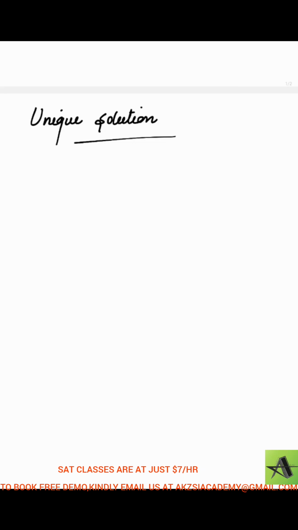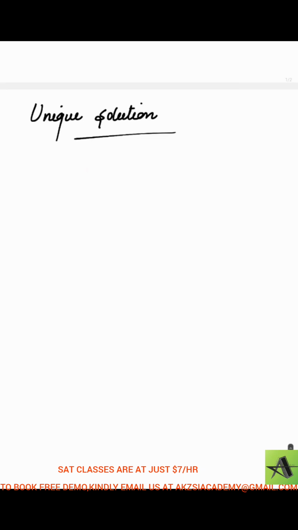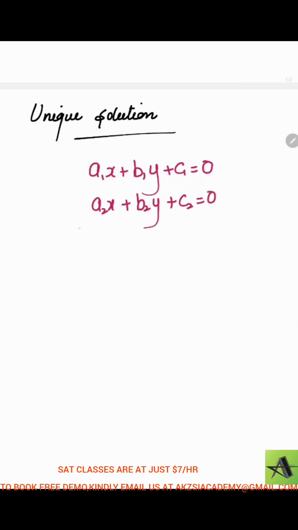We know the pair of linear equations in terms of a, b, c can be written as a1x plus b1y plus c1 equals 0, and our second equation is a2x plus b2y plus c2 equals 0.